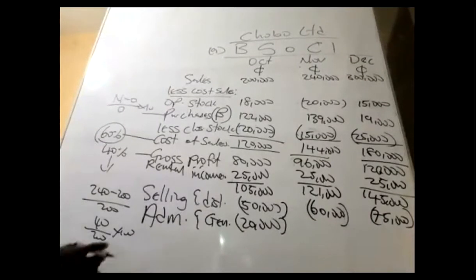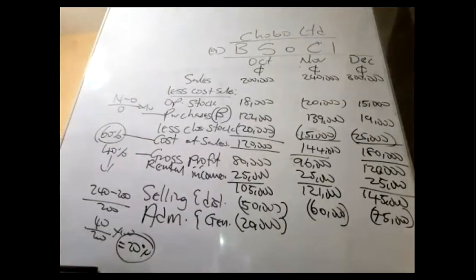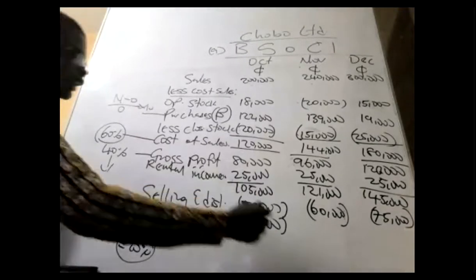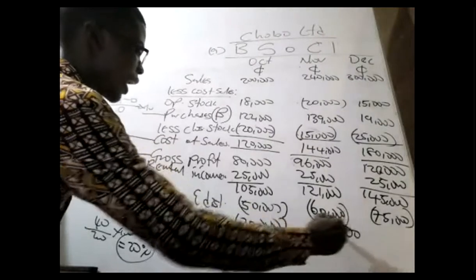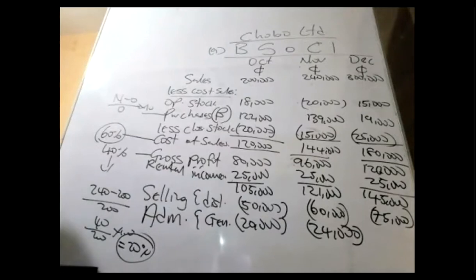Good. So now first year increment is 20%, right? That means sales increase by 20%. The same thing, admin also increased by 20%. So increase admin by 20%. Then it will be 24,000. Agree? If I increase this one by 20%, that will be 24.